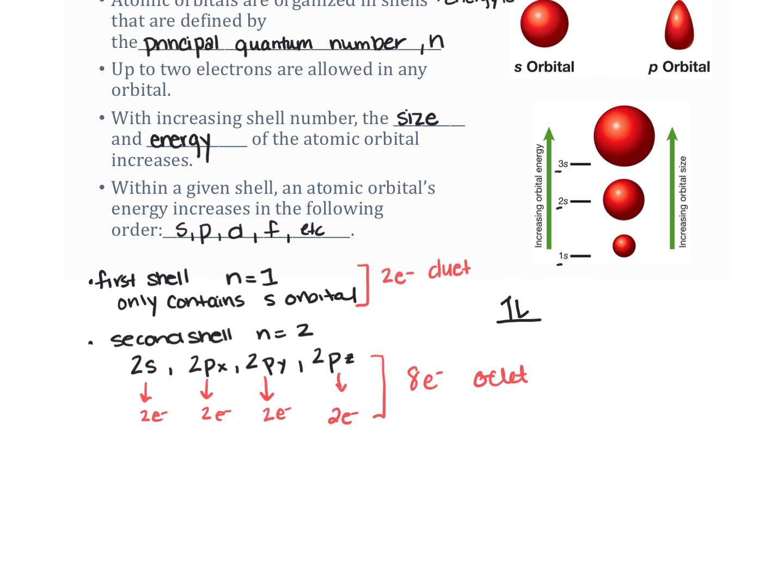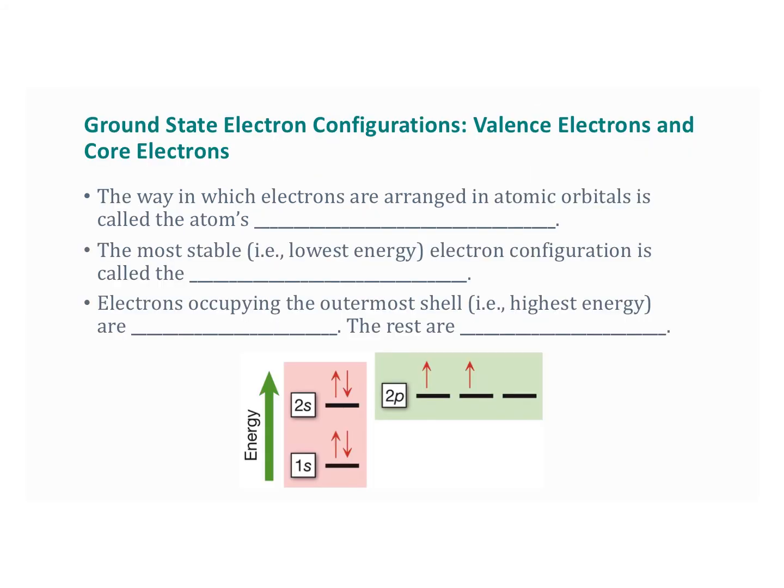Now, I've already talked about this, but the way that electrons are arranged in these atomic orbitals is called the atom's electron configuration. And we've already talked in general chemistry, particularly a lot, about electron configurations. And when we talk about these, we can have different electron configurations.